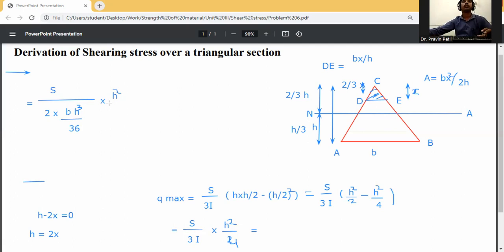So this value is actually H square divided by 4. Okay, so this H square and this H cube will get cancelled.